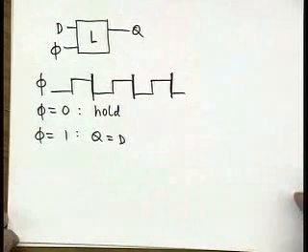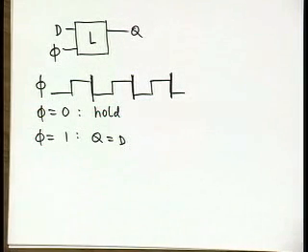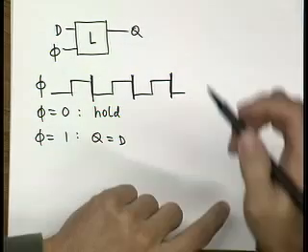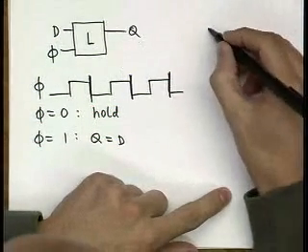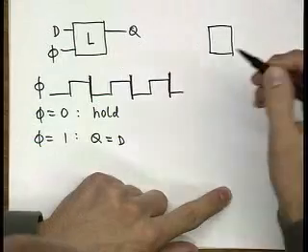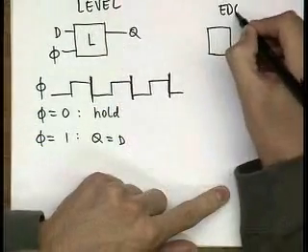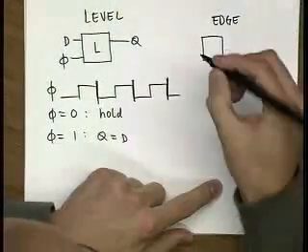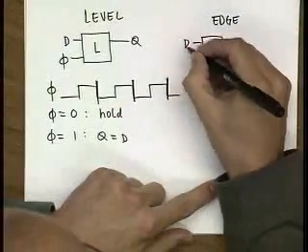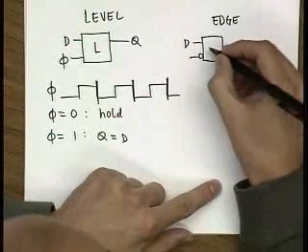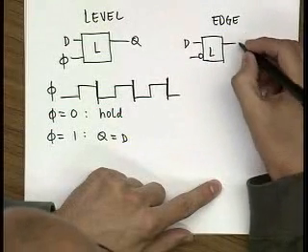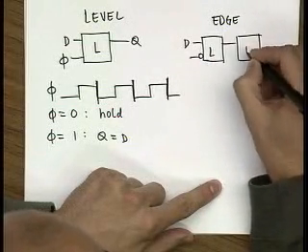So now there is another structure that appears as edge sensitive. And that is basically the situation when we have two back-to-back latches. So this is level, and this is edge over here. So let's assume that we have first a negative latch, and that is followed by a positive latch.